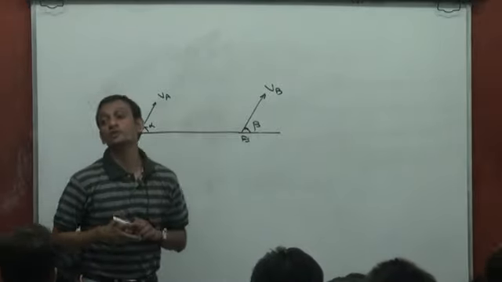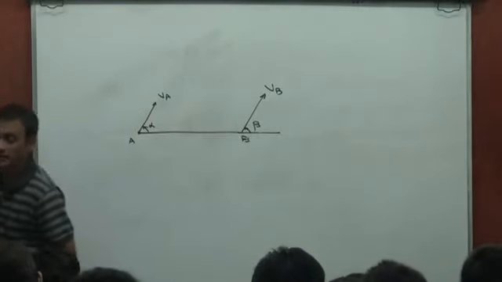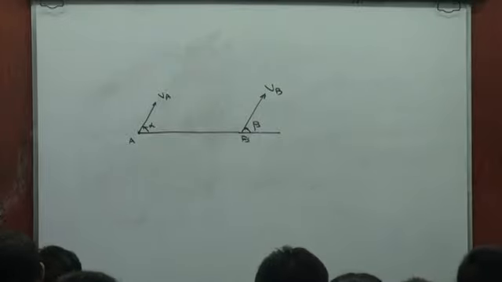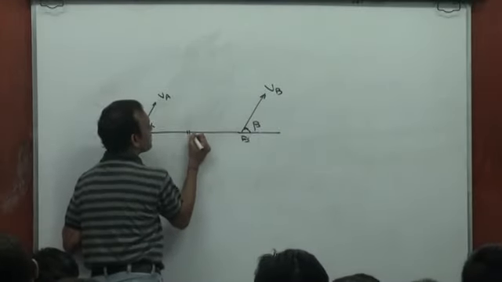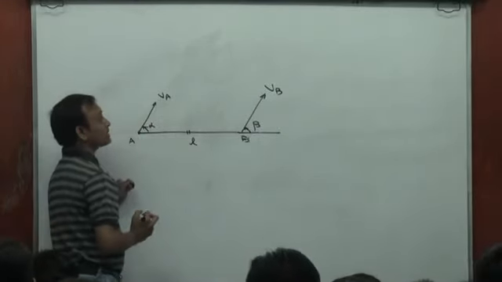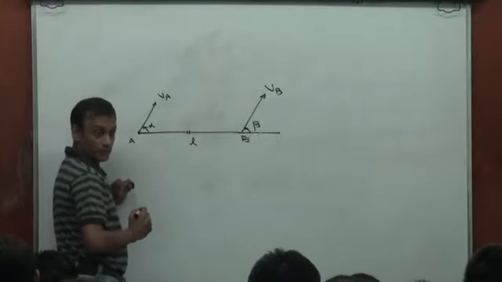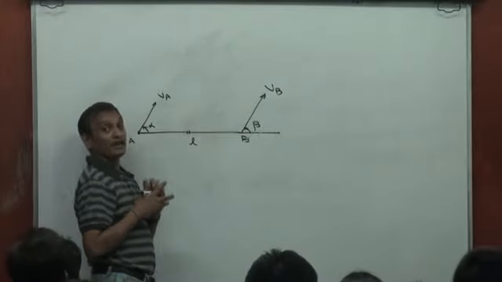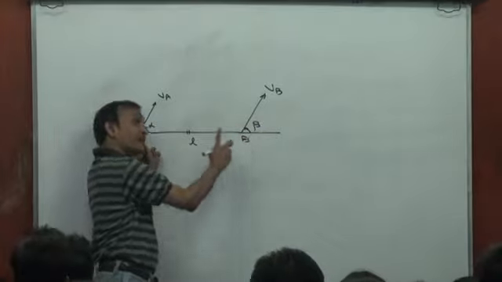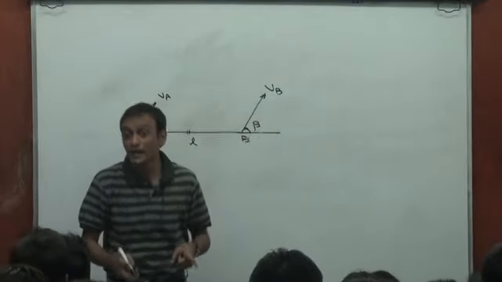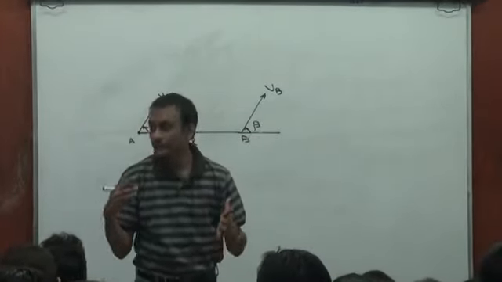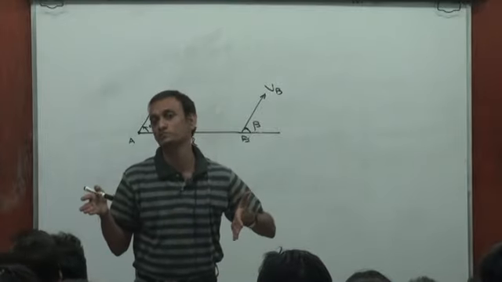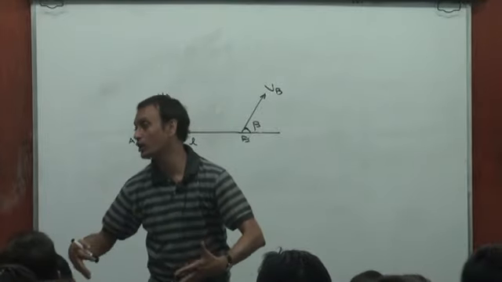If this was the information of the kinematic status of any two particles on a rigid body, and if the length AB was L, then to calculate the omega of the rigid body, you would require the relative velocities of A and B along a line perpendicular to AB and then divided by the separation between them. That will give me the omega of the rigid body.